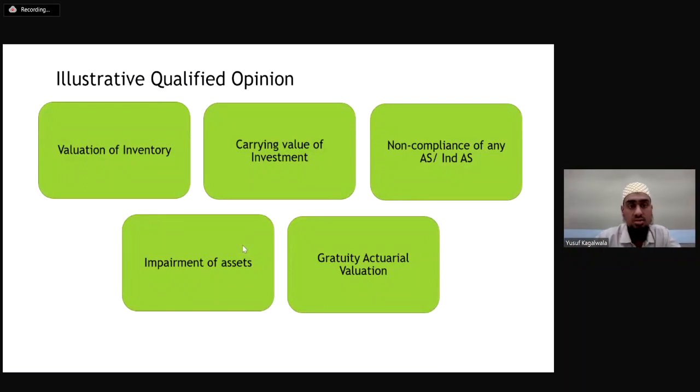These are some of the illustrative qualified opinions. These are purely illustrative, based on various audit reports which are there in the market, and people have given the qualifications over a period of years, which we have observed. So, for naming, I will say it is valuation of inventory, carrying value of investment, non-compliance of accounting standards, impairment of assets.